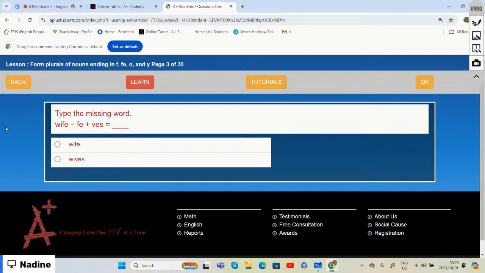So option one or option two. Which one is correct?